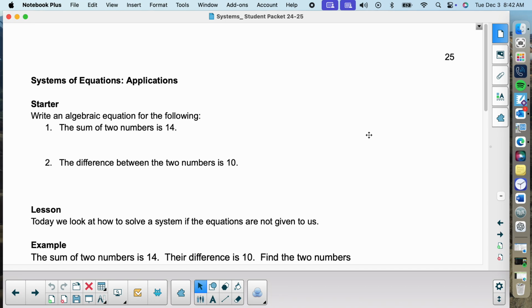Okay, table 7, how would I write down the sum of two numbers is 14? I'll just tell you the two numbers are x and y or a and b or whatever. What about sum? Do you guys remember what that means?